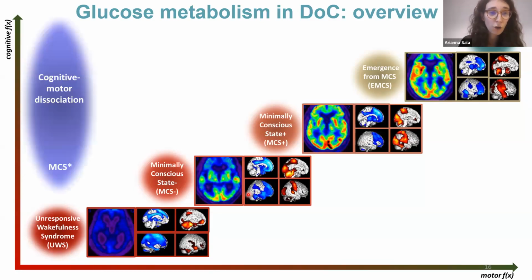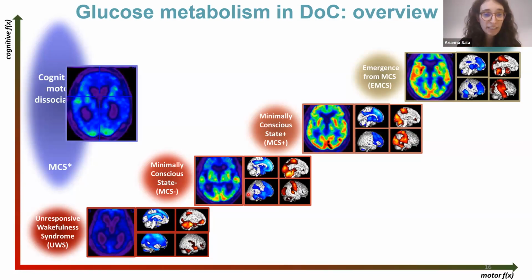However, it has also been shown that in subjects that appear unresponsive, metabolism can be partially preserved, or can be compromised not as much as one would expect in these patients that present as unresponsive.